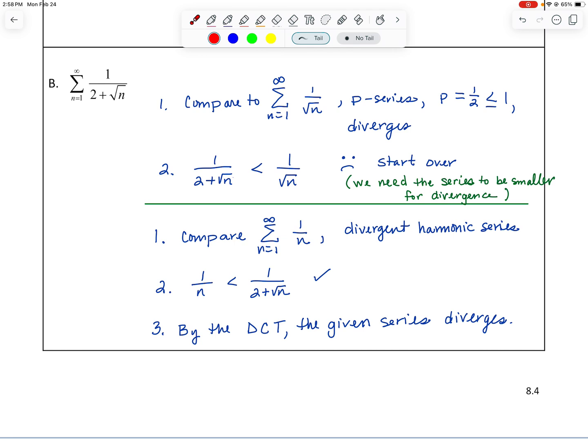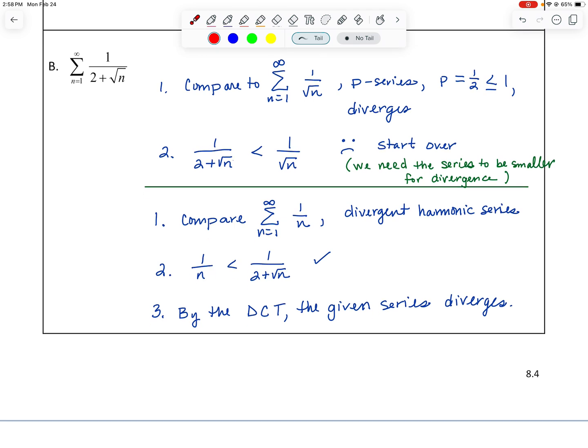And you've got to plug in more than just 1, 2 and 3, maybe 10, 11, 12, something like that. So this is a smaller series, and we know this diverges, so it's going to force the original series to also diverge. So by the direct comparison test, the series diverges.